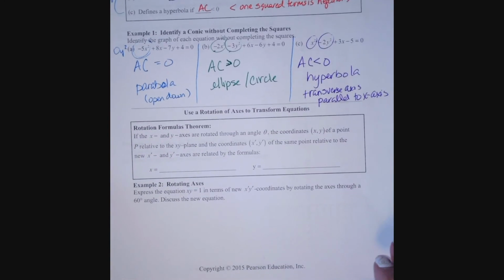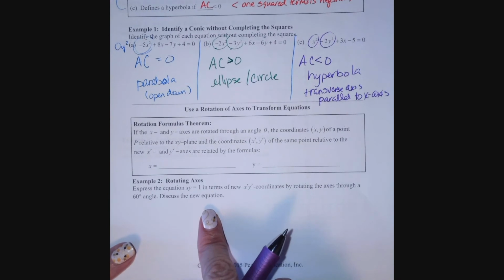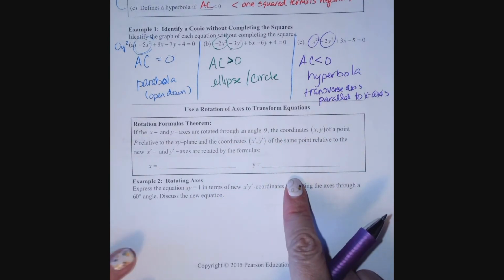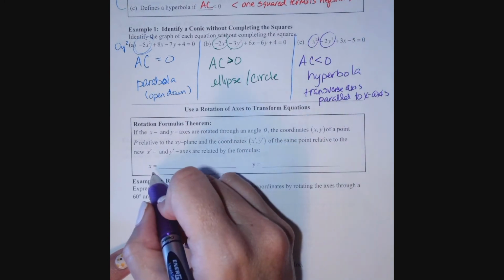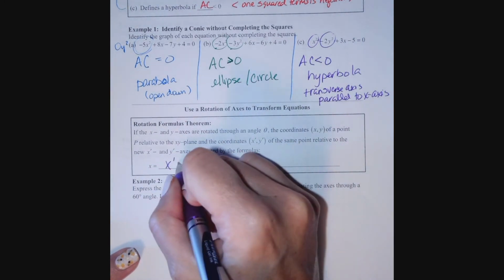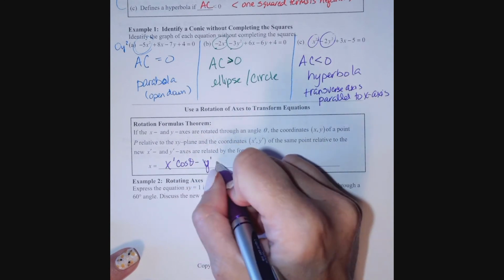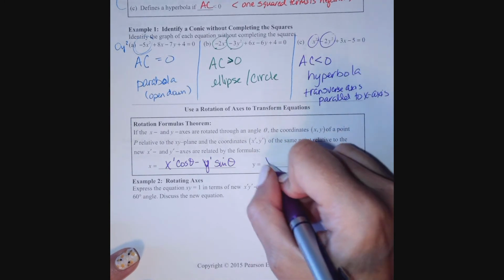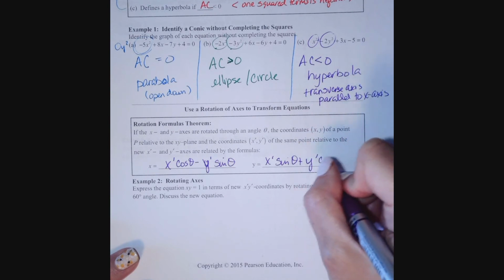Now this next one talks about finding equations when we rotate axes. We are not going to work through finding these equations, but we are going to talk about this just a little bit. Now in this rotation formulas theorem, I can find my new x-coordinate by taking x prime cosine theta minus y prime sine theta, and I can find my new y-coordinate by taking x prime sine theta plus y prime cosine theta.